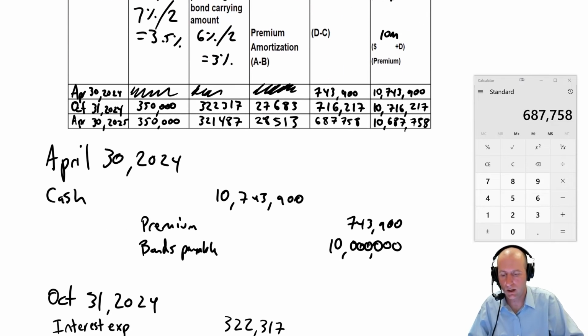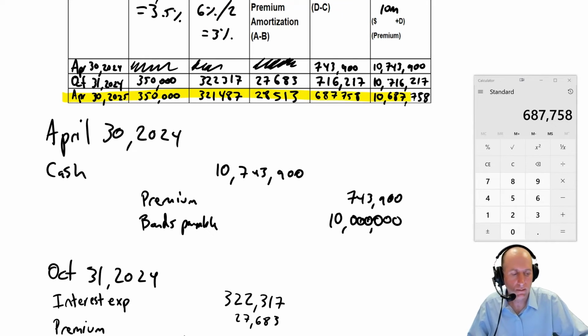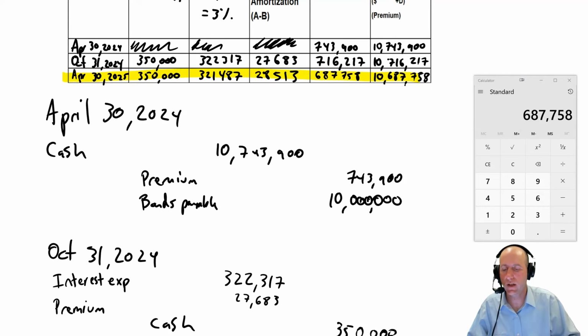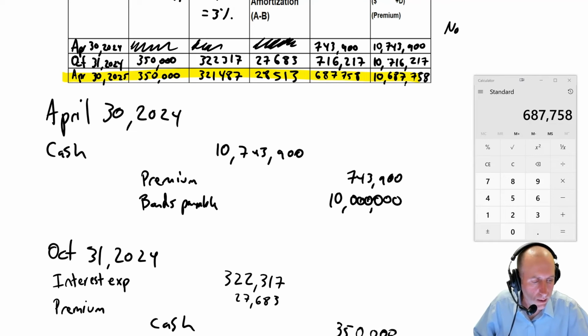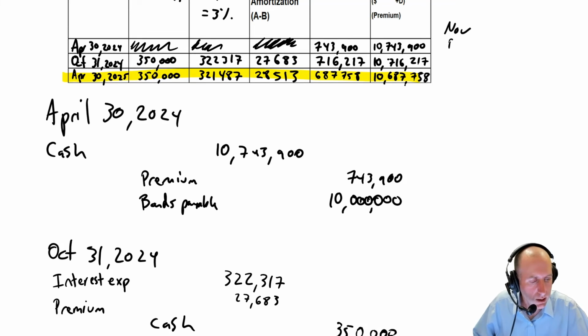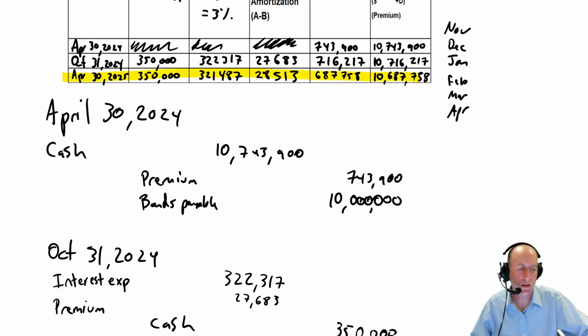Well, let's think about this. This line, noted by April 30th, represents the time period between October 31st and April 30th. It represents October 31st. So November, December, January, February, March, and April to get us up to April 30th.